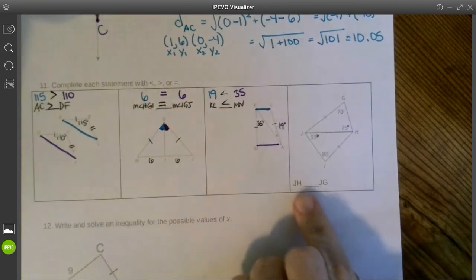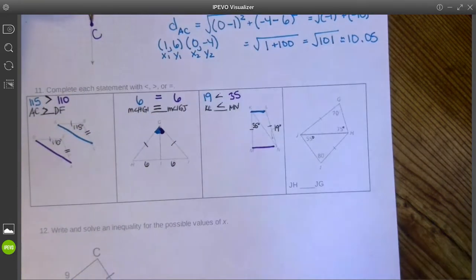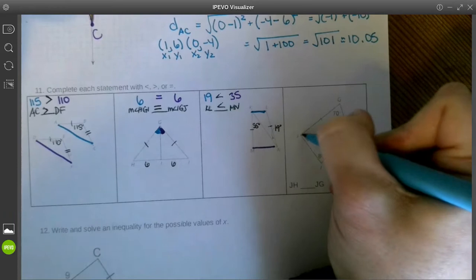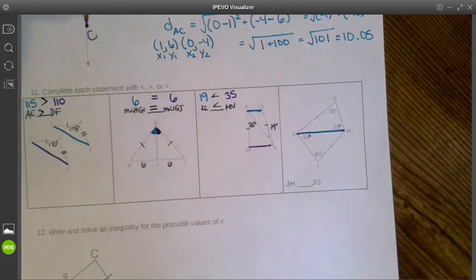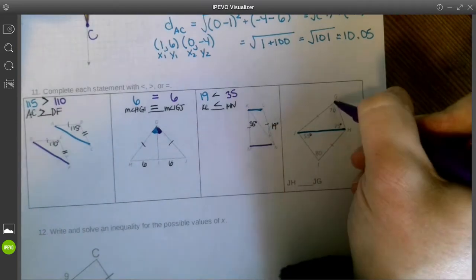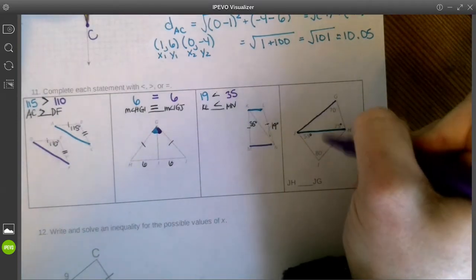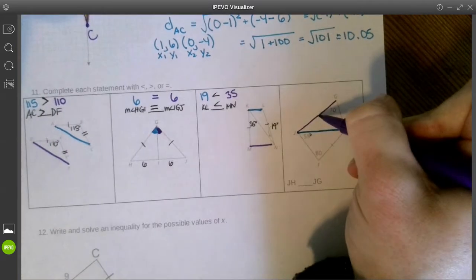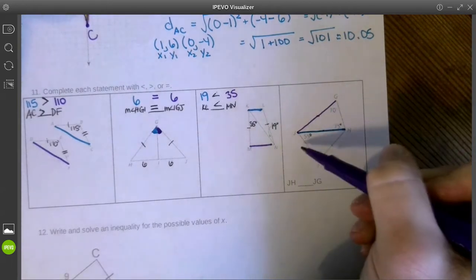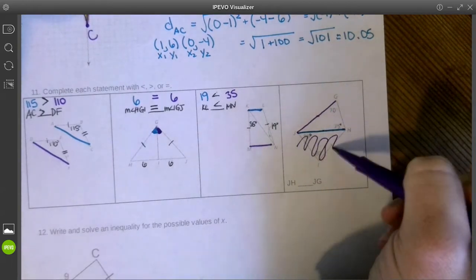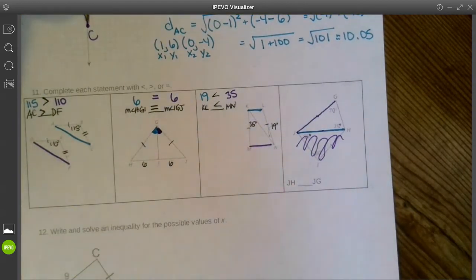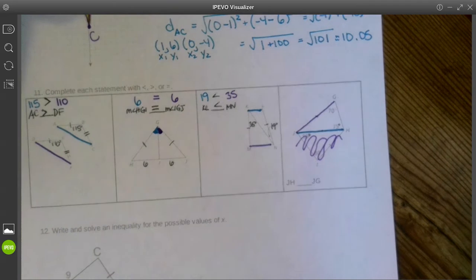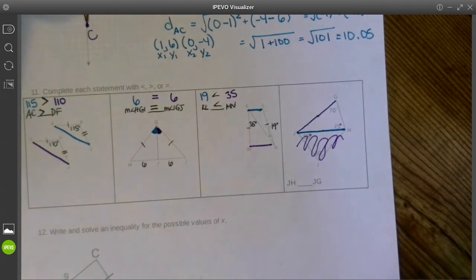In this picture, we're comparing the length of JH, which is here, to the length of JG, which is here. So in this one, even though I've got two different triangles, I'm actually just comparing the lengths in this triangle on the top. So if I wanted to, I could completely ignore this bottom triangle here. So this is an example where we're comparing side lengths that are part of the same triangle.